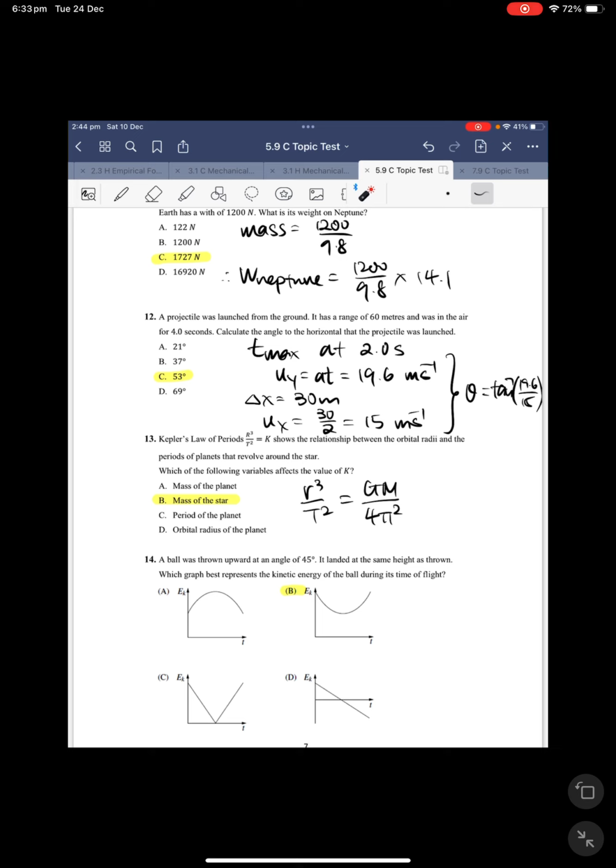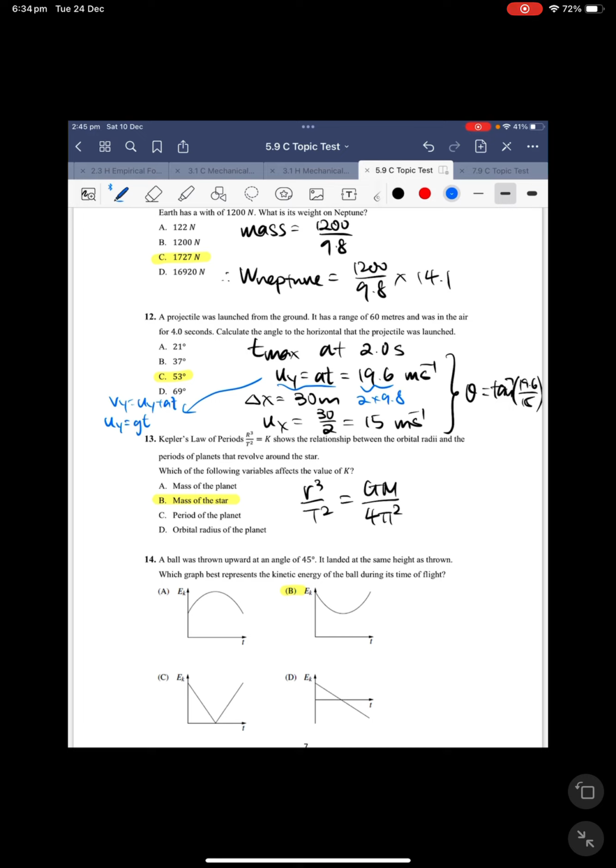And so we can use the equation Vy equals Uy plus at, right? But since at the max height, V is going to be 0, we simply get that Uy equals gt, where g is the acceleration, right? And so this 19.6 comes from essentially 2 times 9.8.